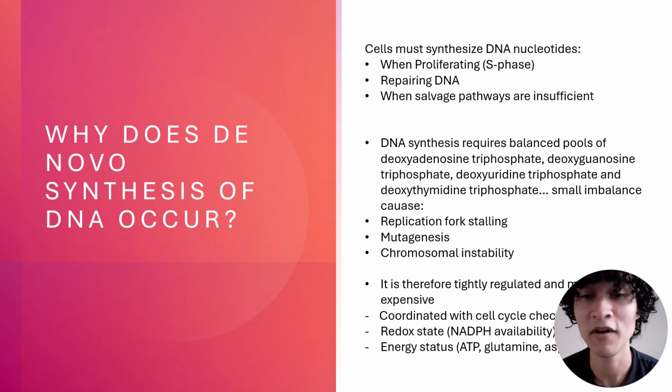And it's also very metabolically expensive. It requires ATP as a phosphate donor for many of the metabolic intermediates, and it also requires NADPH availability as well. So it interplays with our energy metabolism as well, especially when you look at the formation of the ribose or deoxyribose sugar you see in both RNA and DNA.